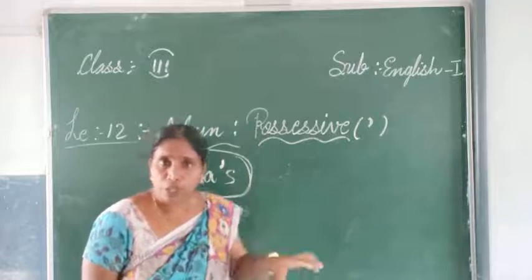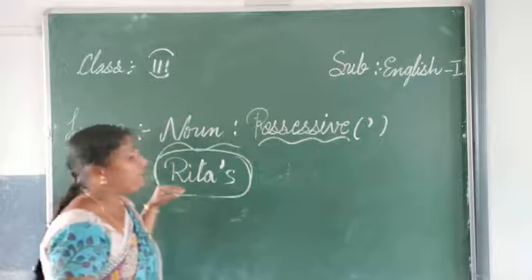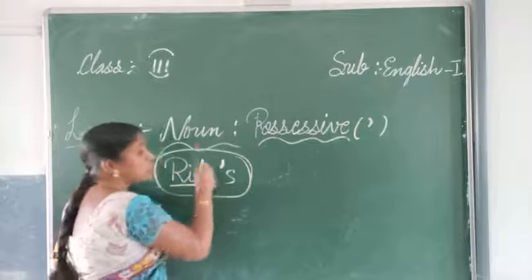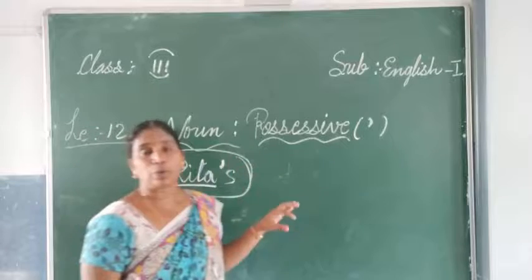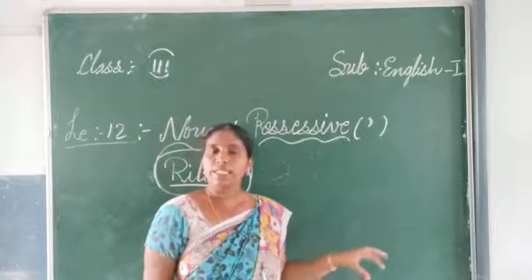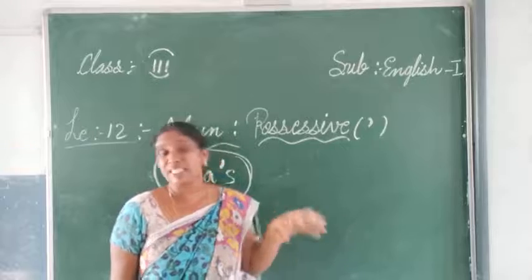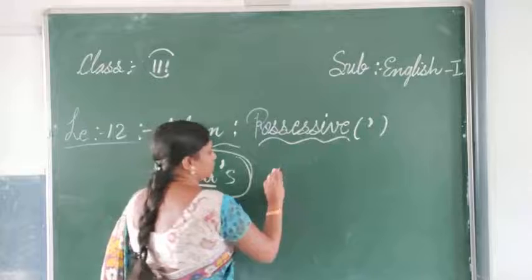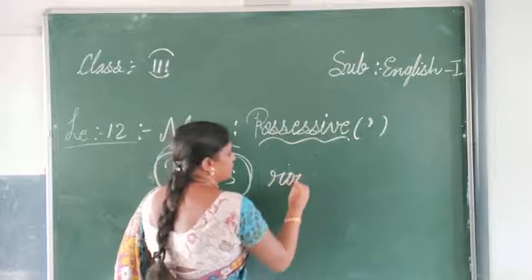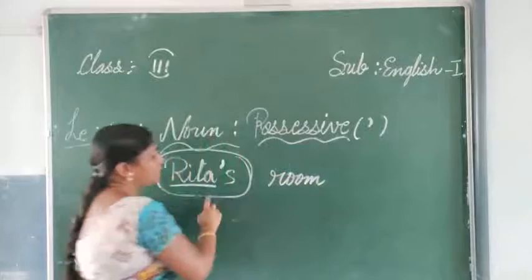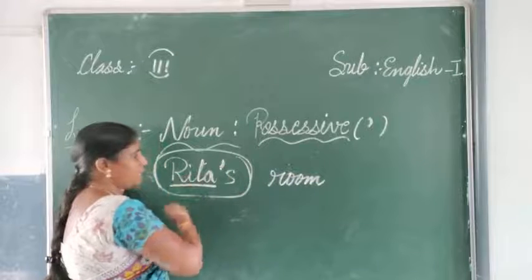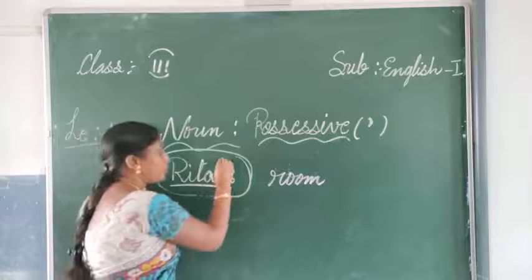Who is the particular person we are discussing? Rita. So all the things in the room belong to Rita. Why? It is Rita's room. Whose room is it? Rita's. So after Rita, we have used the apostrophe.